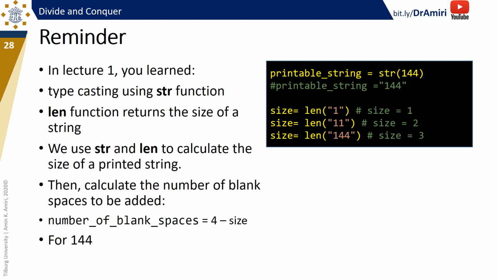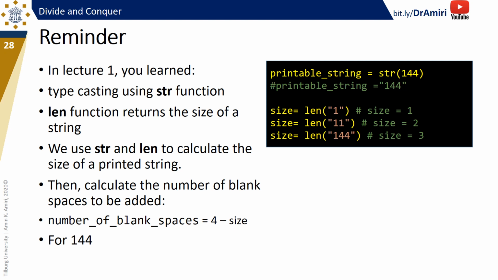There you learned about typecasting using the str function. You can see here on the right side that str of 144 as an integer will return 144 as a string. You also learned about the len function, which returns the size of a string.